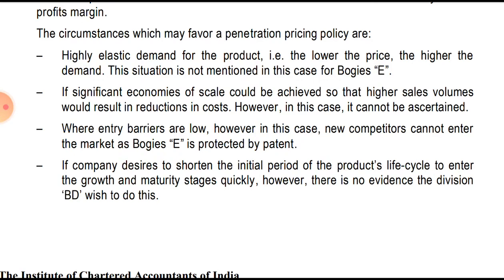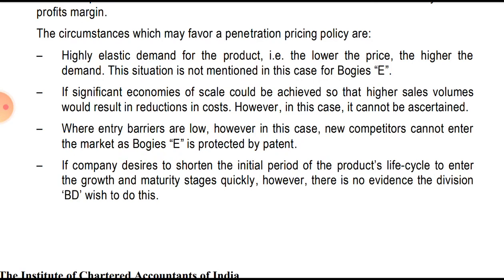However, in this case it cannot be ascertained whether it is attaining economies of scale. It is not identified as such, so we can't ascertain that either. Third, whether the entry barriers are low. However, in this case the new competitor cannot enter the market.